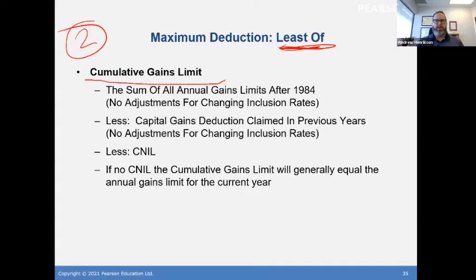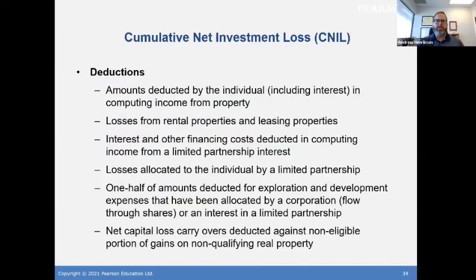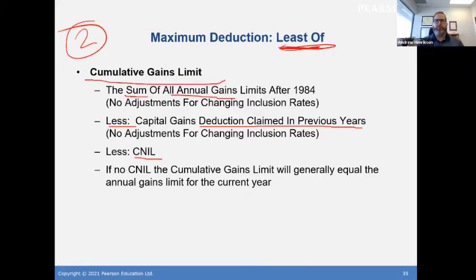So this is going to include the total of all annual gains after the year 1984, less any capital gains deductions you have claimed in the past, less this guy, which is your cumulative net investment loss, CNL. If there's none of that, then the cumulative gains limit will generally be the same as the annual gains limit.